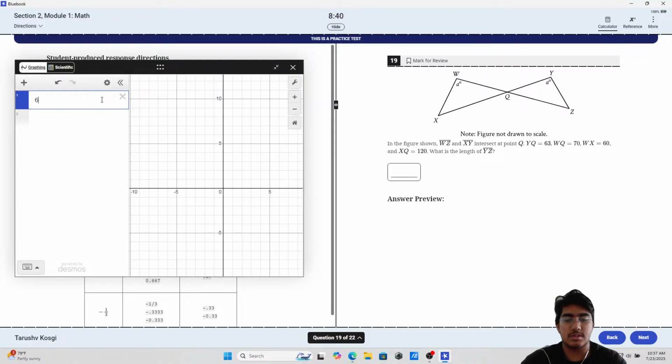So 63 over 70 should be equal to YQ over WQ should be equal to YZ over WX. 60. So I'll go with 54 here.